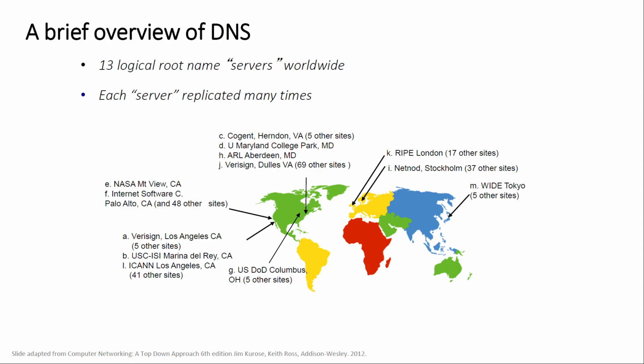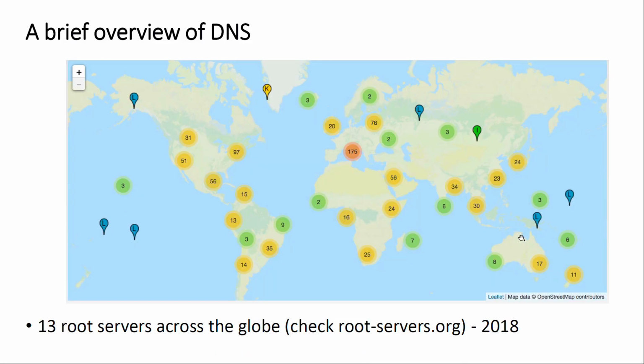If you look at the world, there are 13 logical root name servers. These are listed here, but each server is replicated many times, to avoid a single point of failure. And here is a picture from 2018, showing the 13 root servers across the globe and their replicas.